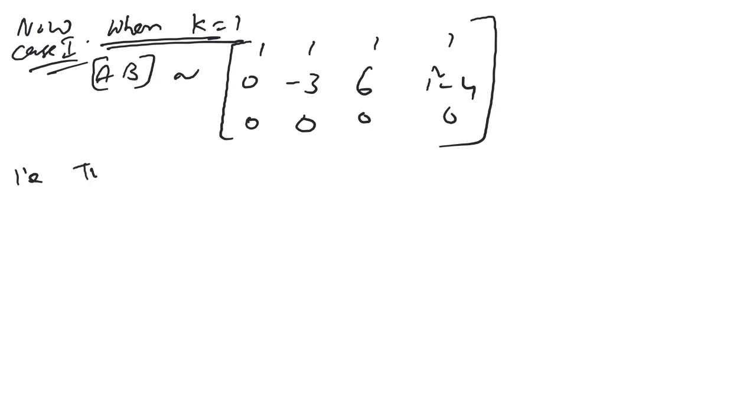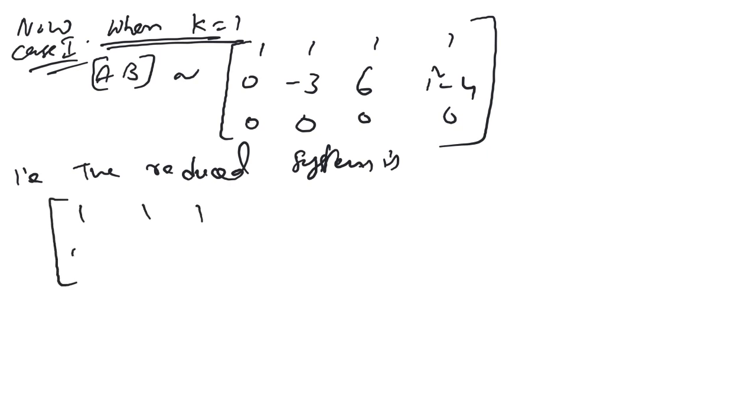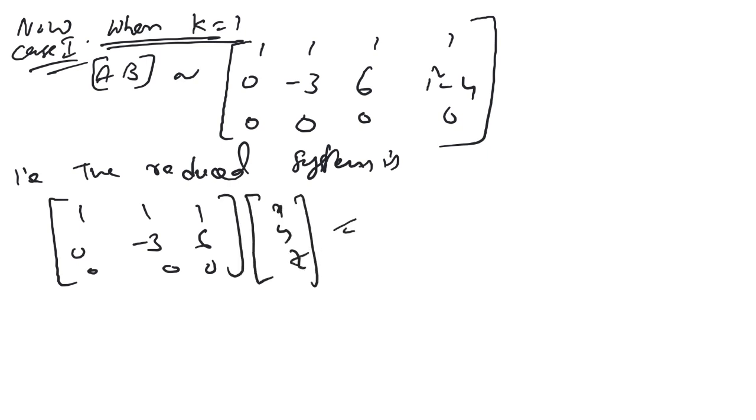Let us write the reduced system. That is, the reduced system is 1 1 1 0 minus 3 6 0 0 0 times x y z equals 1 minus 3 0.